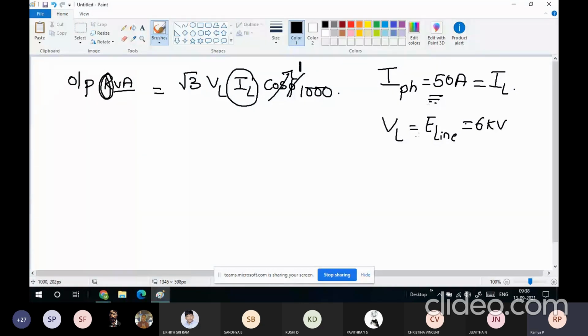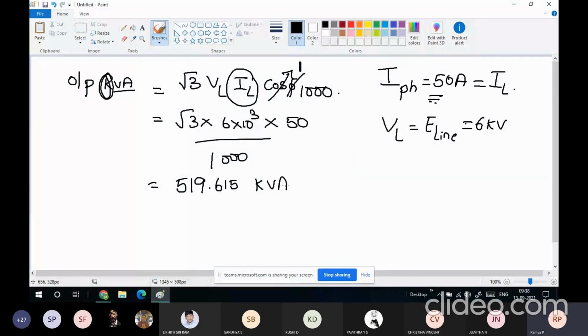Just substitute here and find out the value for output kVA, that is root 3 into 6 into 10 raised to 3 into IL is 50 divided by 1000. If you do this, finally the output kVA you're going to get is 519.615 kVA.